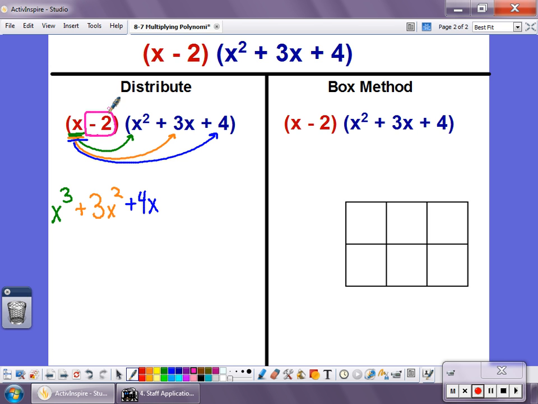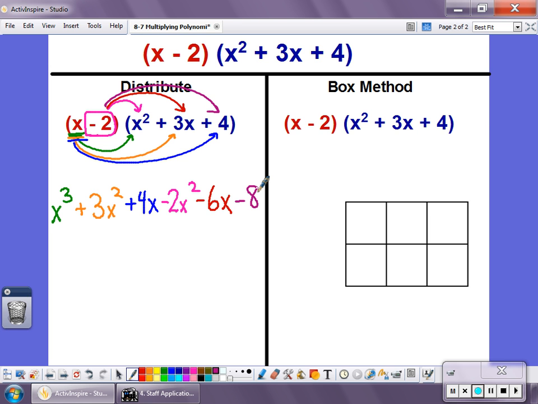That negative sign goes in front of it. So negative 2 times x squared is going to give me a negative 2x squared. Then I'm going to have negative 2 times 3x, which will give me a negative 6x. And finally, I'm going to have negative 2 times 4, which will give me a negative 8.